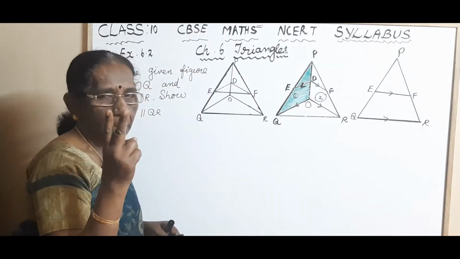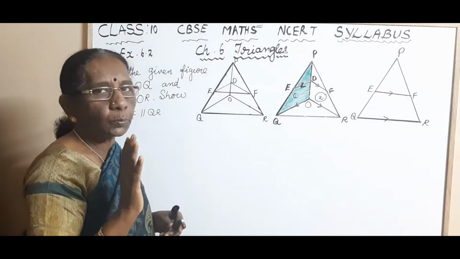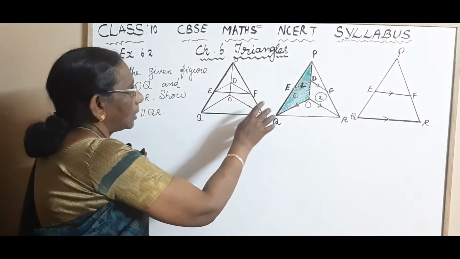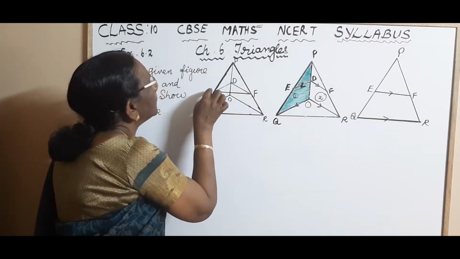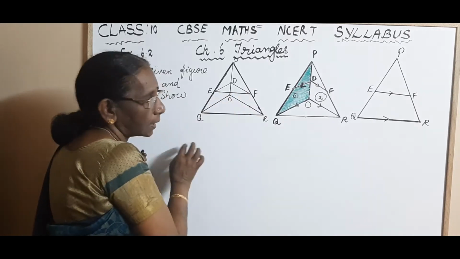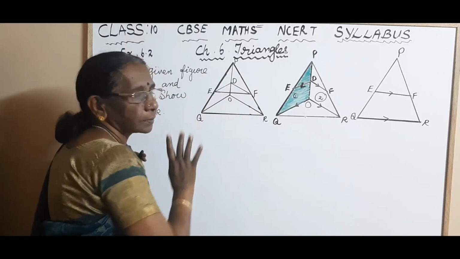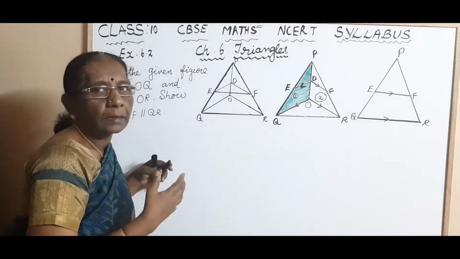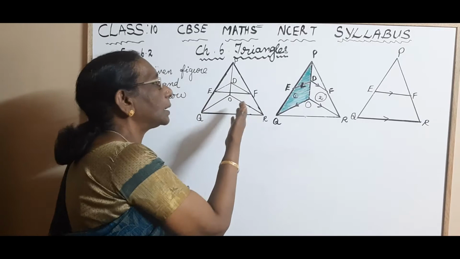Using these two informations, we have to prove EF, the line passing through the points E and F, is parallel to the base of the triangle, QR. I think you might have understood the question now and the figure clearly.